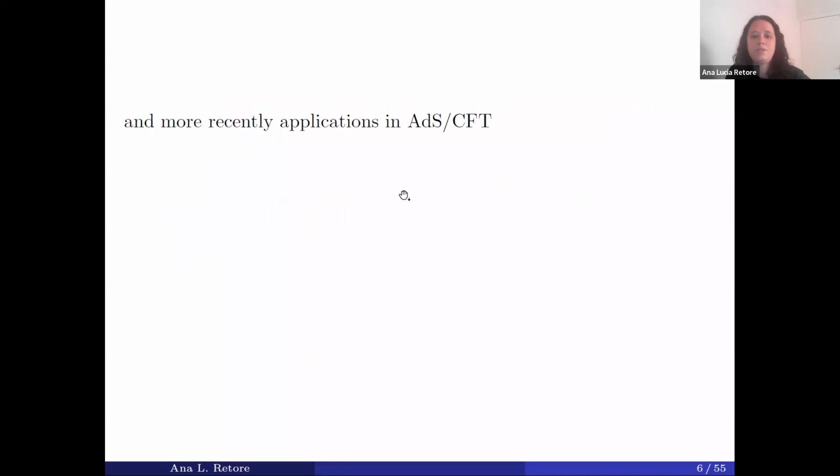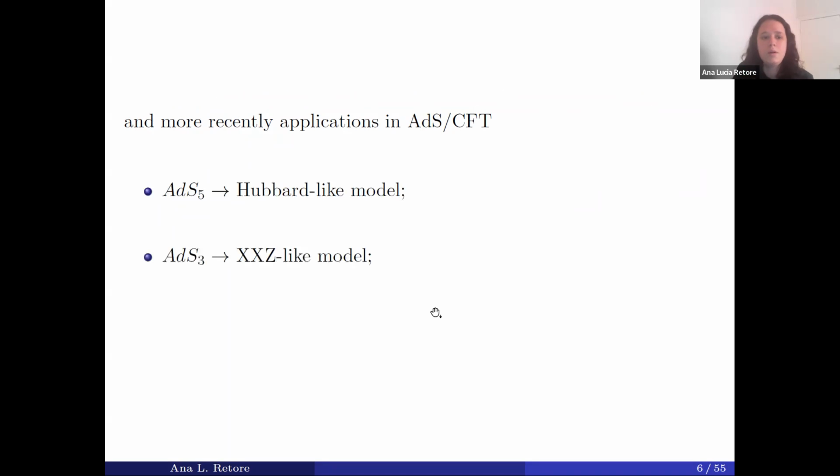But they also have applications in AdS-CFT. This is a bit more recent, and you can associate AdS5 with this Hubbard model, AdS3 with some kind of XXZ model, and AdS2 with some XYZ. I'll talk a bit more about this type of model at the end of the talk.